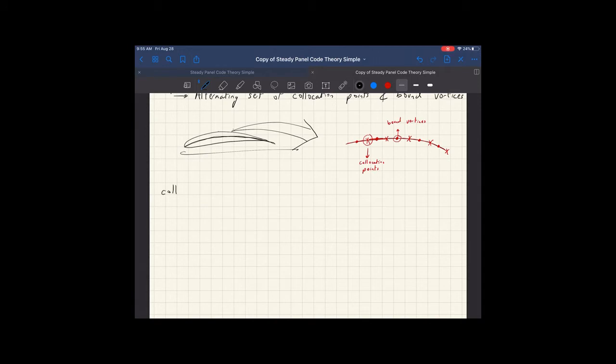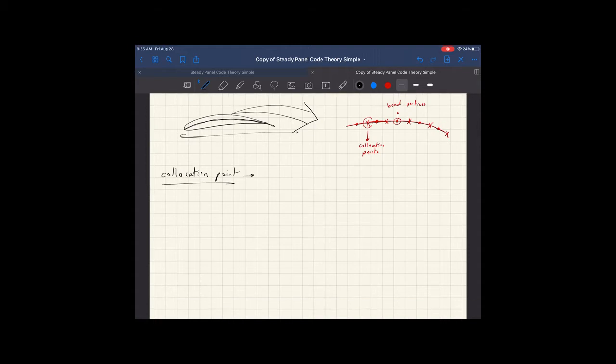So a collocation point on a camber line essentially is a point over which you enforce the no penetration boundary condition.